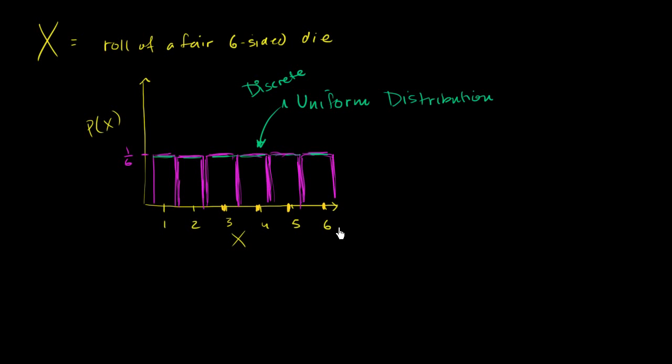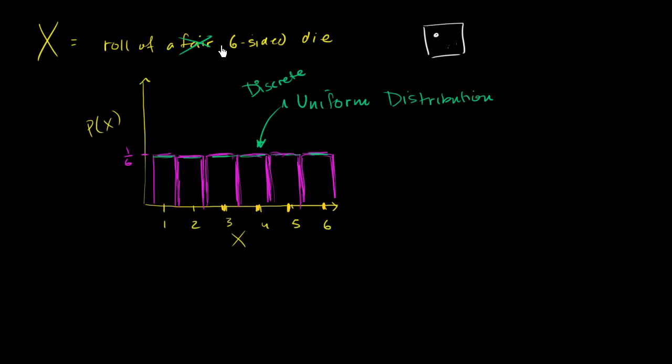Now, my question to you: let's say that someone took one of these six-sided dice and erased one of the sides. So you have one side of the die that has 2 dots on it, and someone was able to erase one of them, so that side only has one dot. So now we're not going to deal with the roll of a fair six-sided die. It's still going to be a six-sided die, but it's no longer fair anymore.